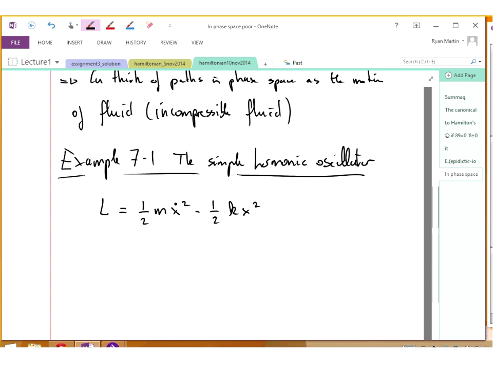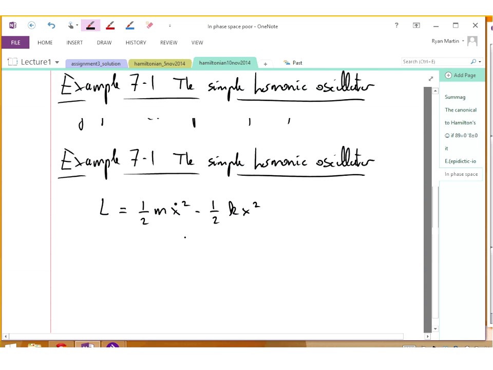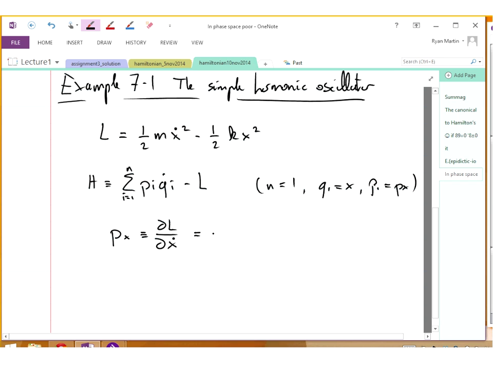So we need to know what Px is equal to. Px is defined to be ∂L by ∂x dot, which is m x dot. So if I calculate the Hamiltonian, H, there's only one term.